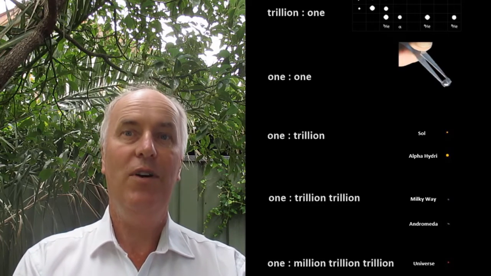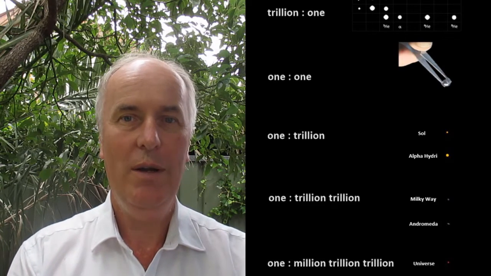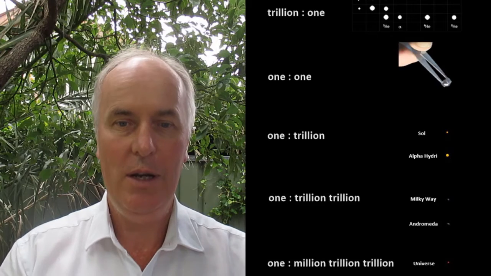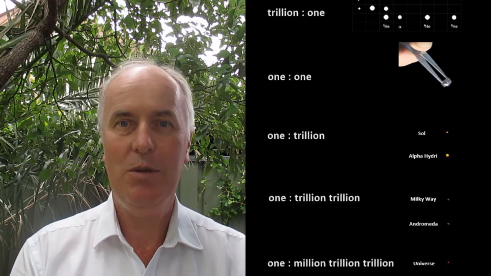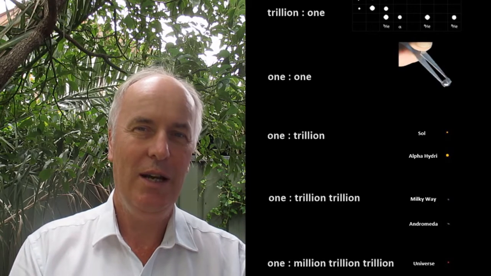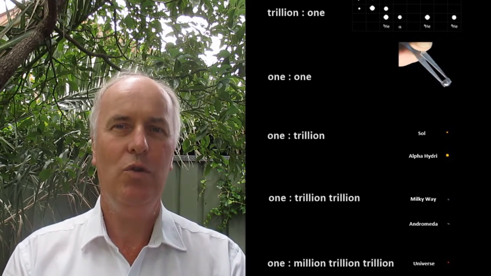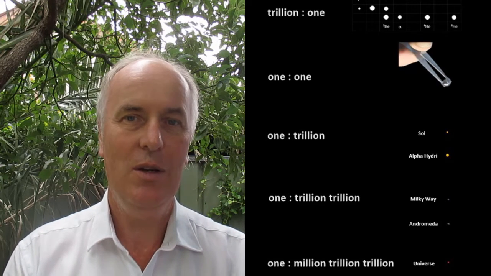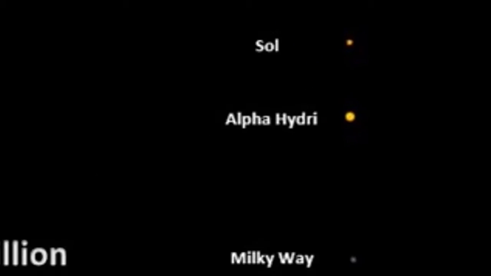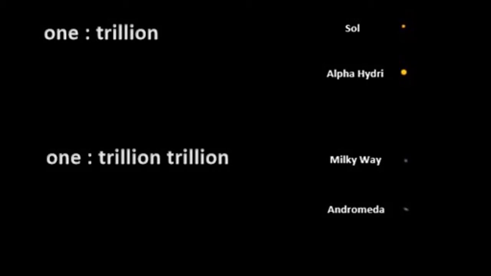There's 5 scales, a trillion to 1, that is I get something and I blow it up by a factor of a trillion. 1 to 1, the scale that you're watching me at the moment. 1 to a trillion scale is a very useful scale for talking about the solar system and local star group, and you'll see pictures of the Sun and Alpha Hydrae. A trillion is 10 to the 12, a yotta is 10 to the 24, a yottameter, and that gives you the galaxy and stuff like that.